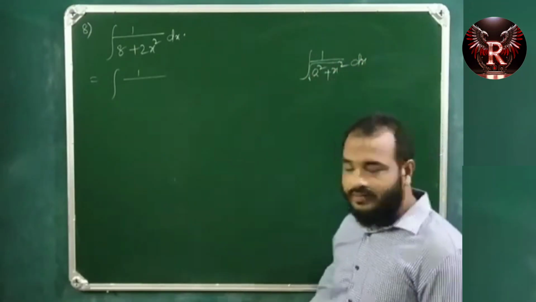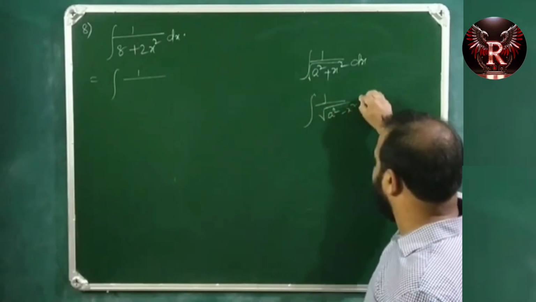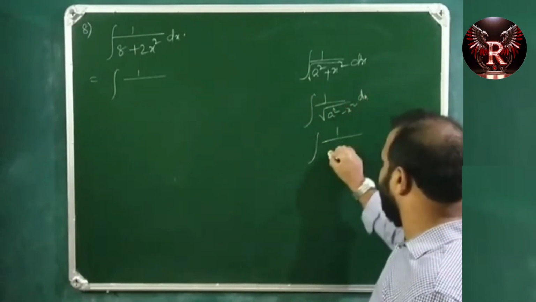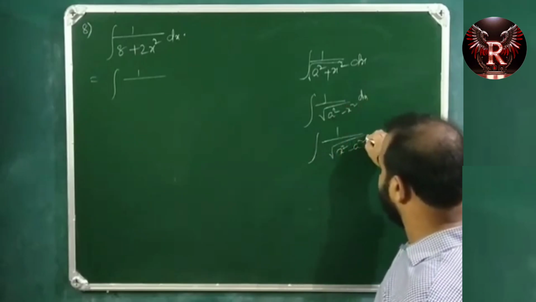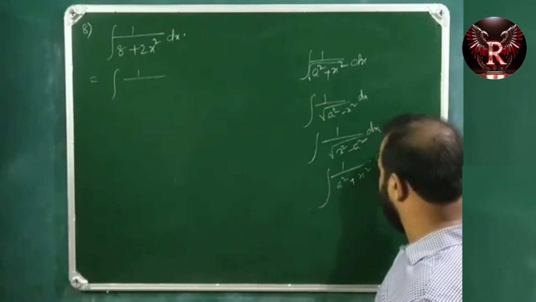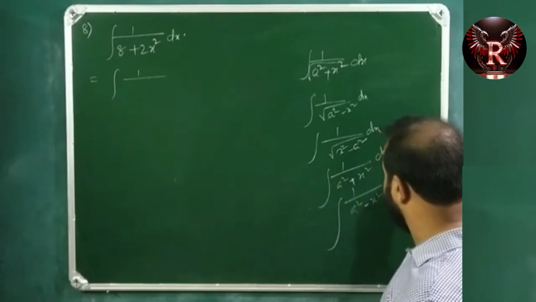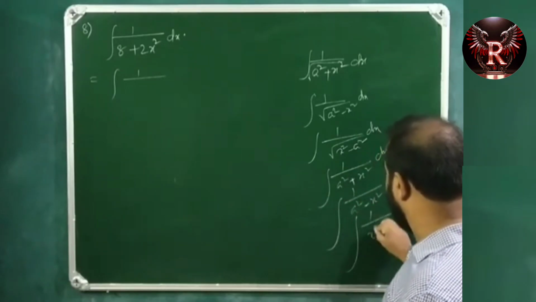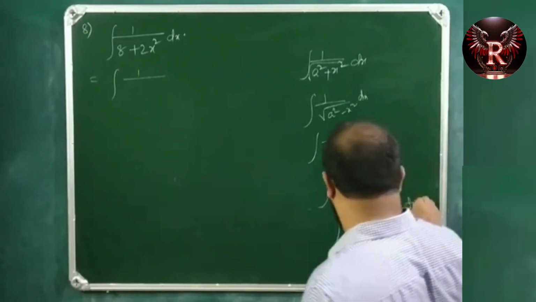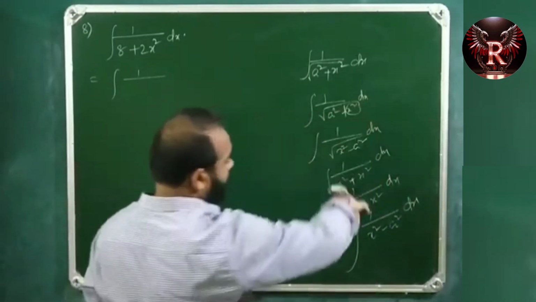Six formulae are there. These are 1 by a square plus x square, 1 by a square minus x square, and 1 by x square minus a square. Everywhere you see the x square coefficient is 1.